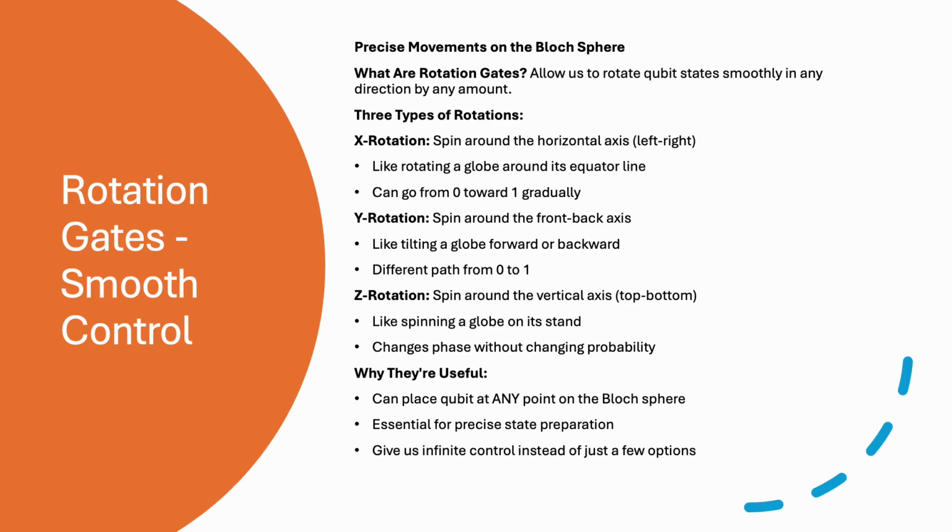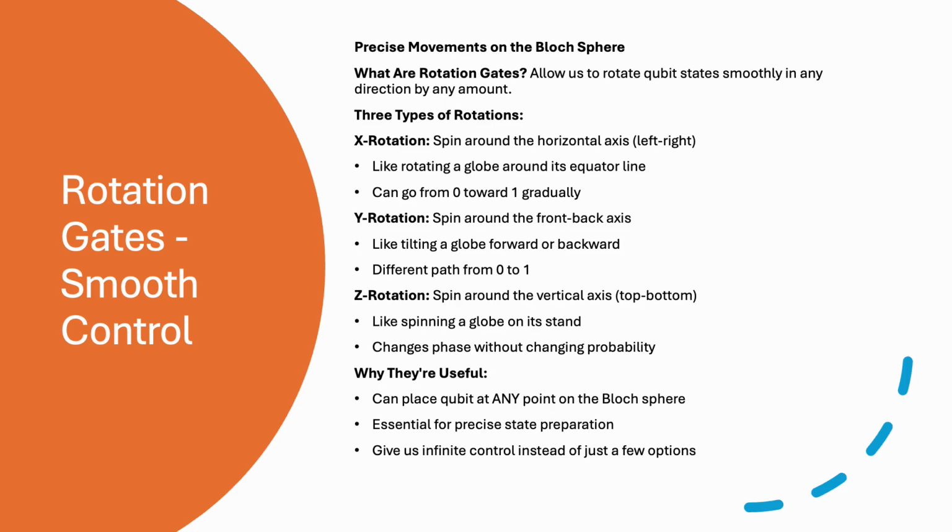Why do we need such precise control? Because in quantum computing, we often need to prepare very specific initial states for our algorithms, or we need to implement gates that are not in our standard set. With rotation gates, we can place a qubit at any point on the Bloch sphere with incredible precision.